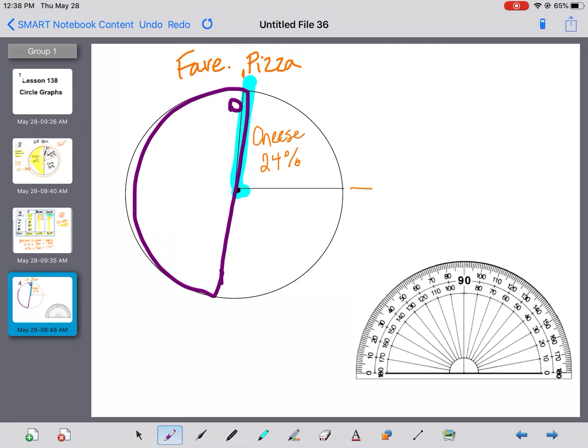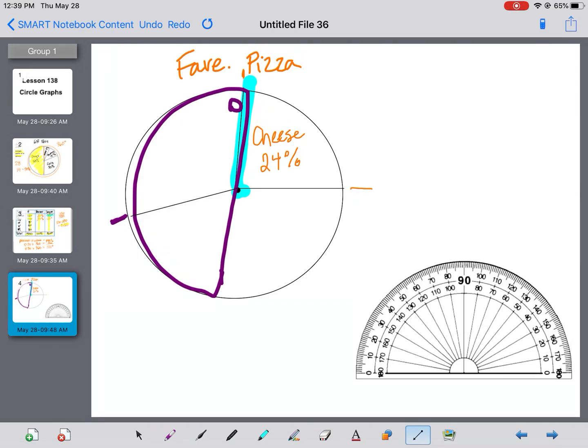You'd go till you get to 122. I don't really know where that would be. Maybe somewhere around here-ish. And then you draw your line out from there. Hopefully that makes sense to you. It's a little bit tricky for me to show here, but really just spin your paper around and use one of your other lines to be the bottom line of your new section for your angles.